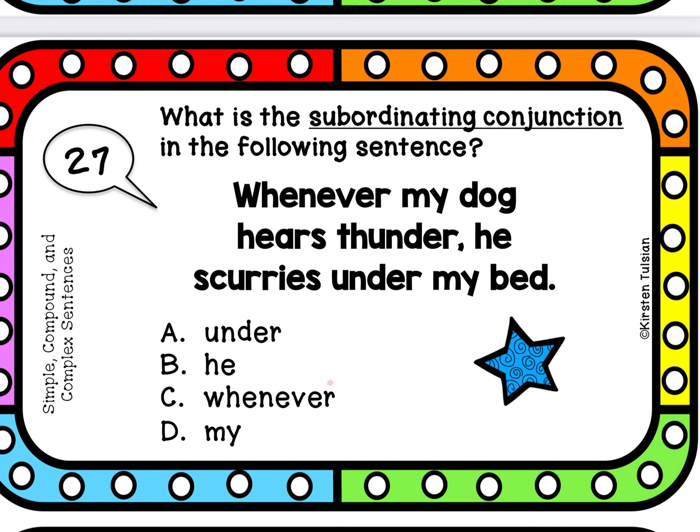Okay, if you picked whenever, you were right. That was one of our subordinating conjunctions. And when you find it in the sentence, you can see that that signals the beginning of a dependent clause. And the dependent clause here is whenever my dog hears thunder.